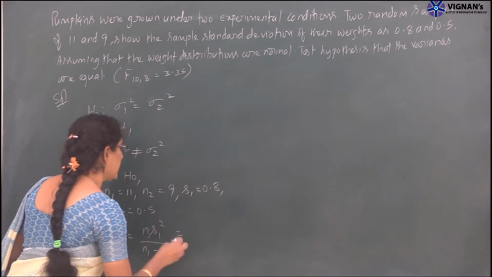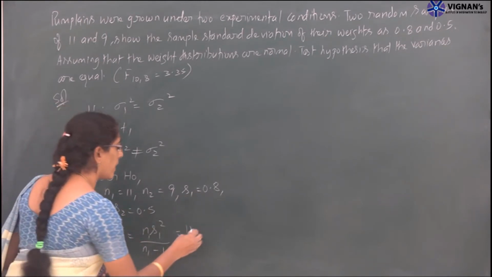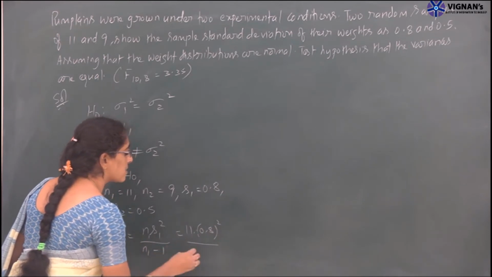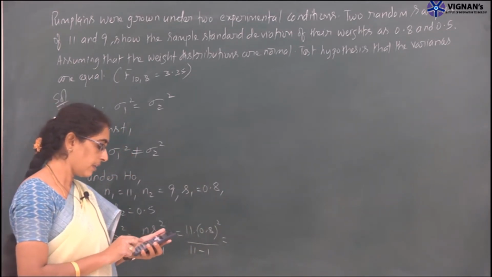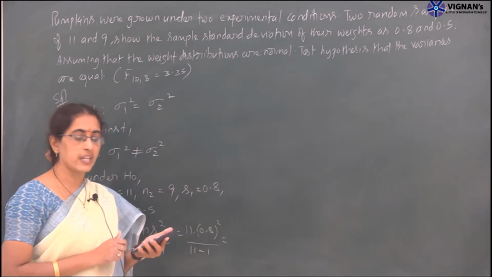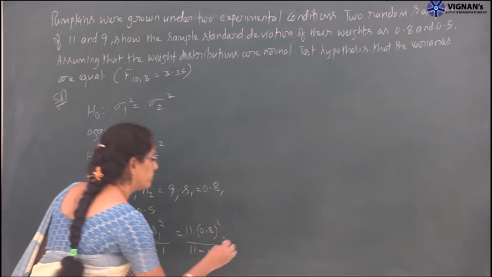That means 11 into 0.8 square divided by 11 minus 1, which is 10. Simplifying, it is 0.704.